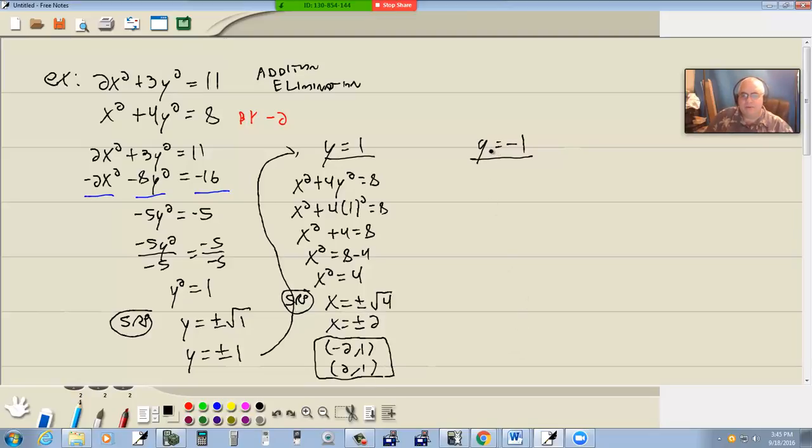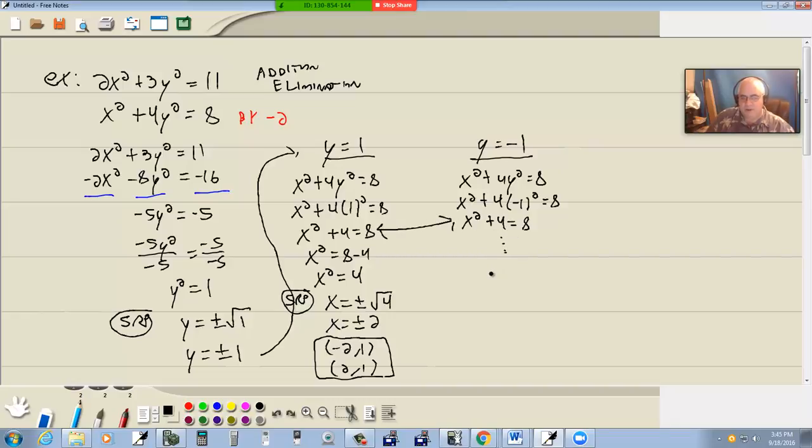Now we want to do the same thing with the negative 1. So we're going to plug that into x squared plus 4y squared is equal to 8. So we're going to have x squared plus 4 times negative 1 squared is equal to 8. Now negative 1 squared is 1 times 4 is 4 equals 8. And notice these look exactly the same at this point, don't they?